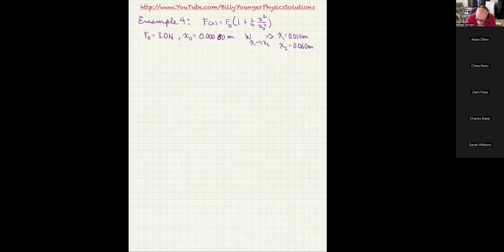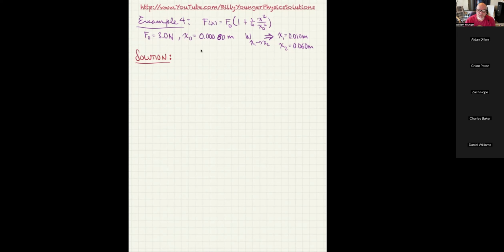So that's what we're looking for: what is the work done by this force in moving an object from x1 to x2. So the way we work this is as follows. Solution. Wait, what were the positions of x1 and x2 again? That was part of the question. We had to give it to you.